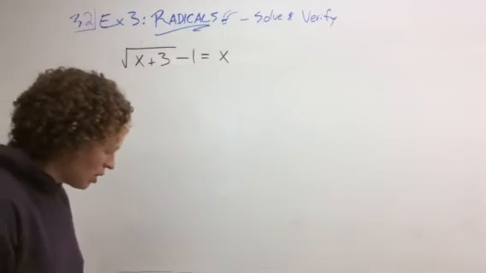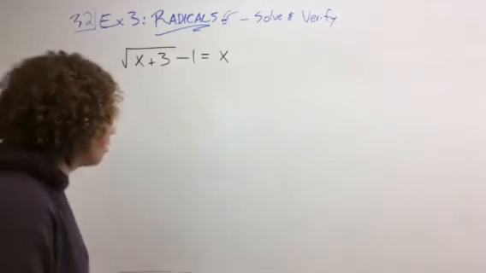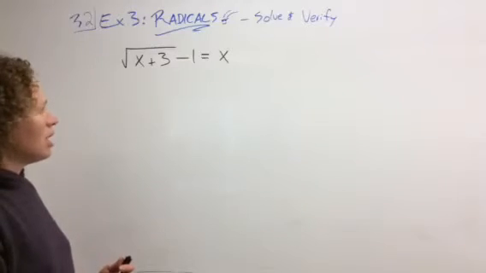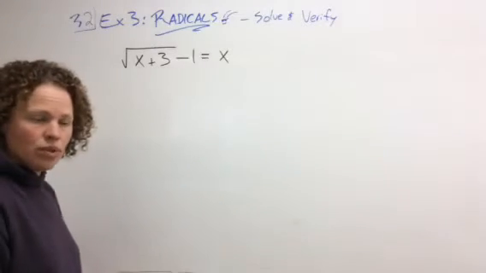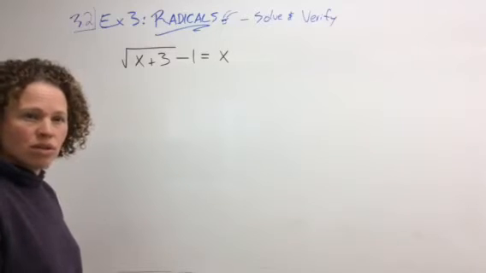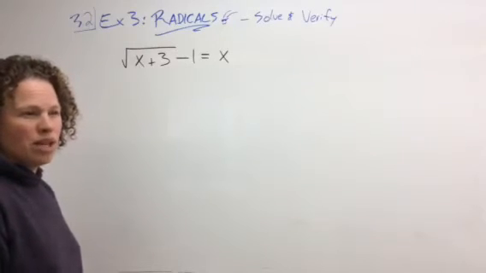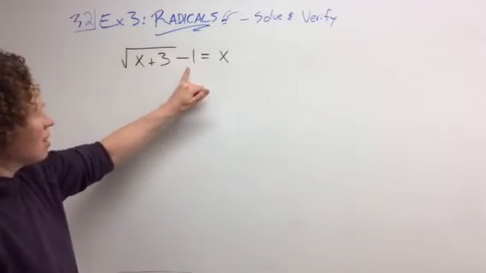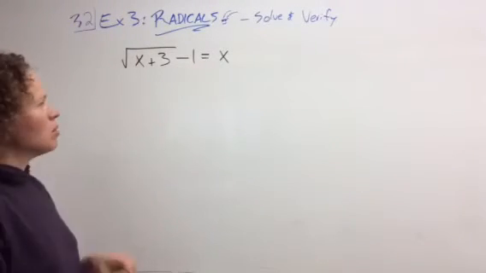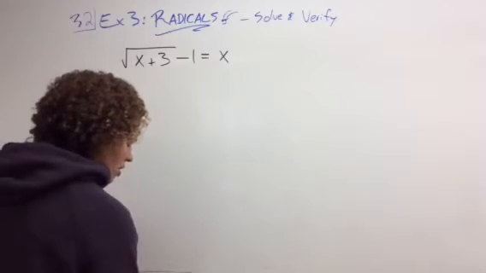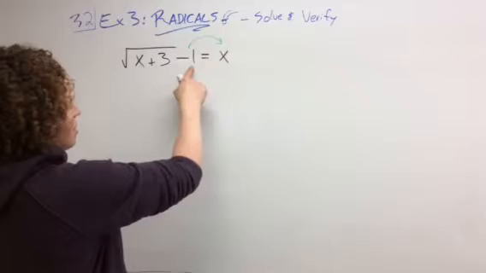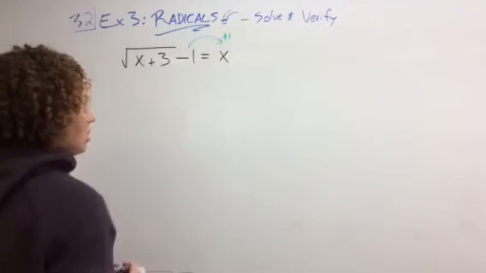So the first thing we want to look at is how we are going to get rid of this radical. The easiest way to do that is to square it. You square a square root and then the square root disappears. But we don't want to do that in a messy way, so we don't want to square this whole thing, because that is going to cause a problem. So what we do instead is move this over to there, and since it's a negative one, it becomes a positive one.